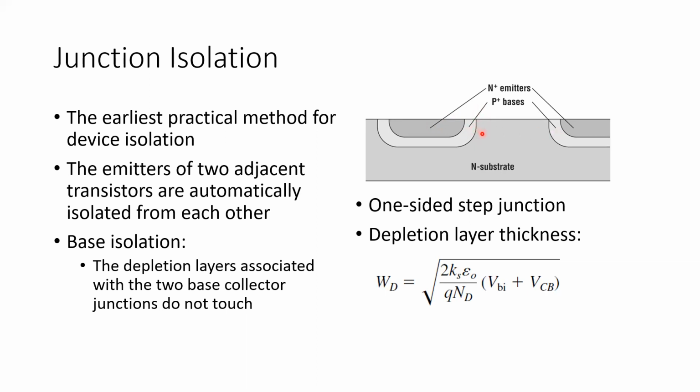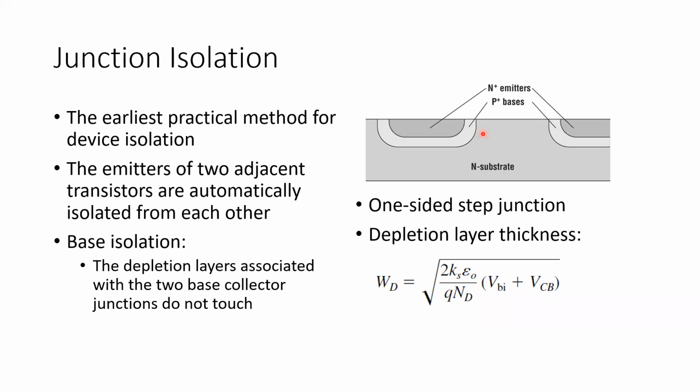They will have a reverse bias junction, and I want to make sure the depletion regions do not overlap each other. At least they should not touch each other.